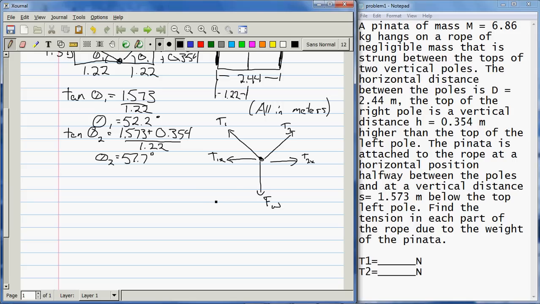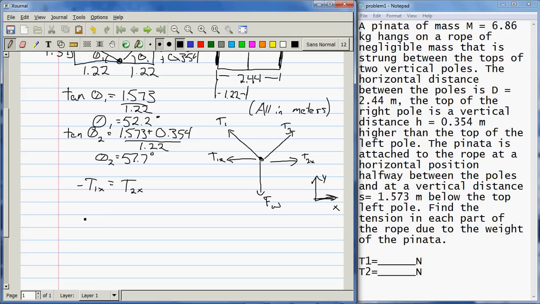Well, the magnitudes will equal each other.